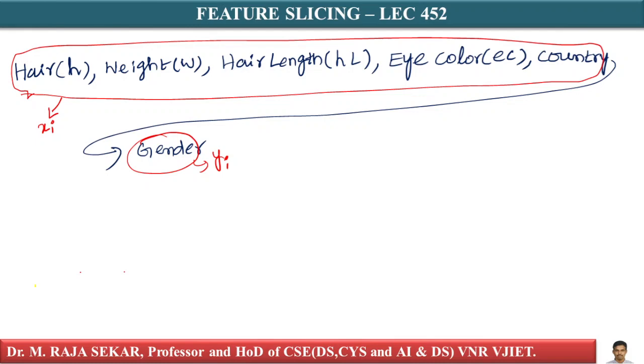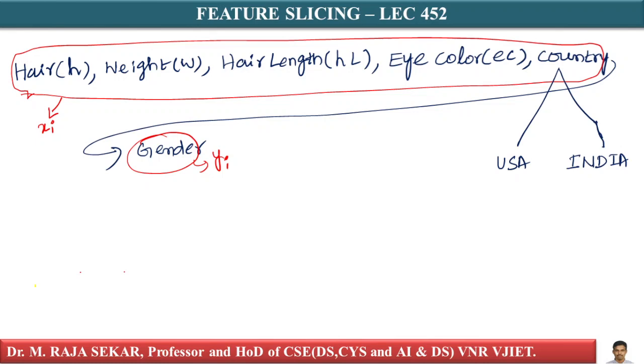So let's assume I have only 2 countries. My country variable is basically a categorical variable with 2 countries. First country, let's say USA. My second country, let's say India.